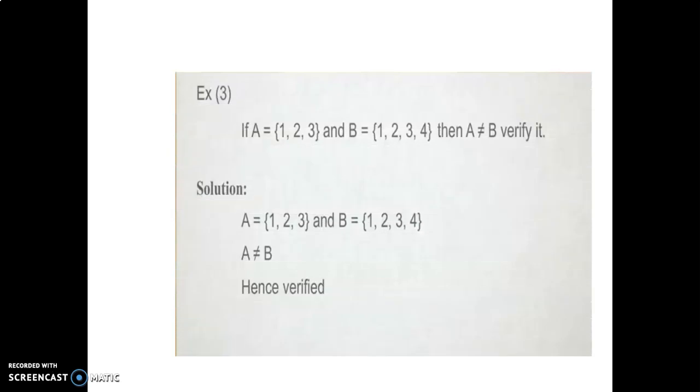If A equals {1, 2, 3} and B equals {1, 2, 3, 4}, then A is not equal to B. Verify it. You can see that 4 belongs to set B, but it is not an element of set A. Therefore, you can say that A is not equal to B.